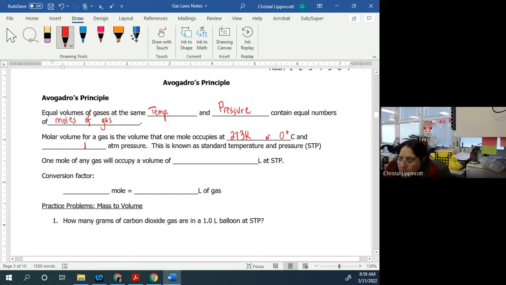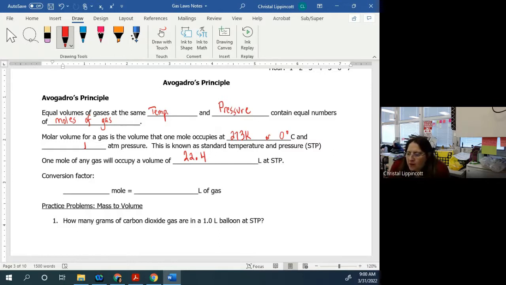Any 1 mole of gas will occupy a volume of 22.4 liters. It doesn't matter what the identity of the gas is, that's irrelevant. Any 1 mole is going to equal 22.4 liters.